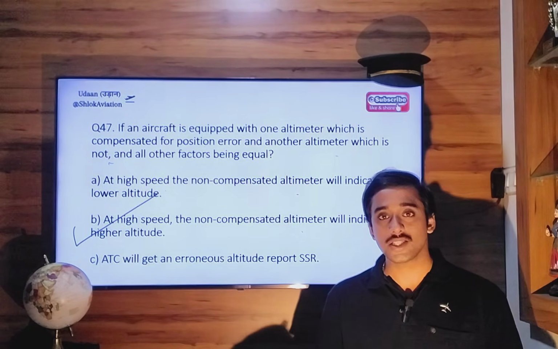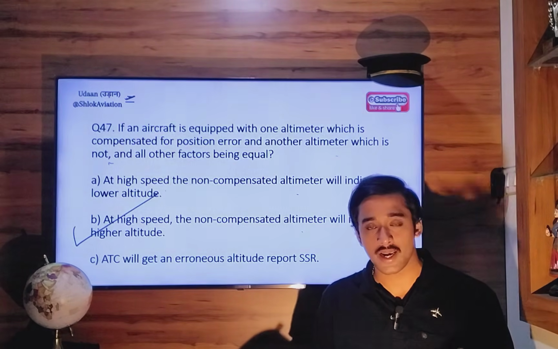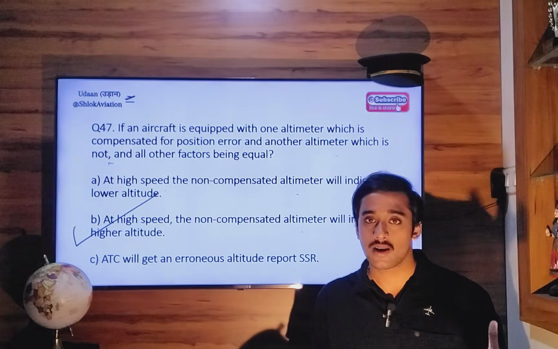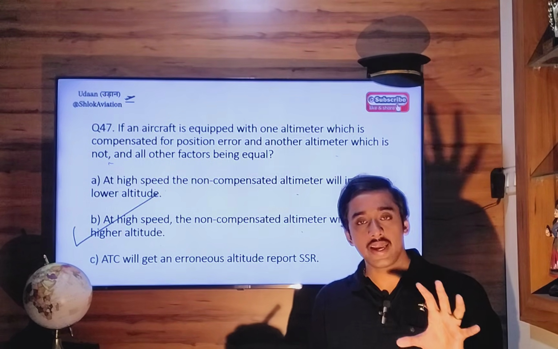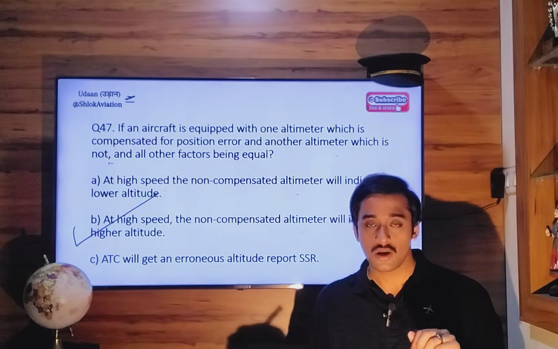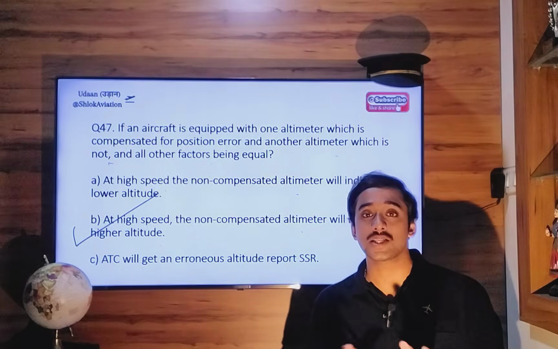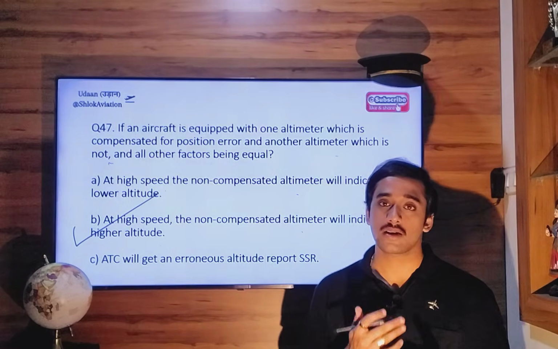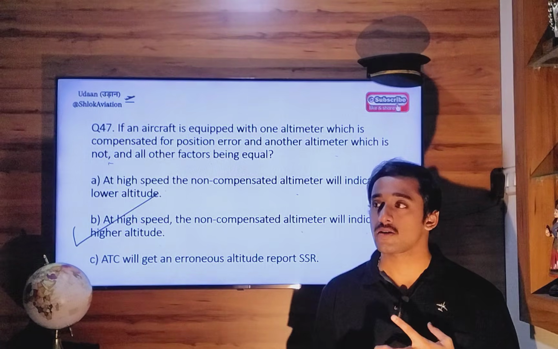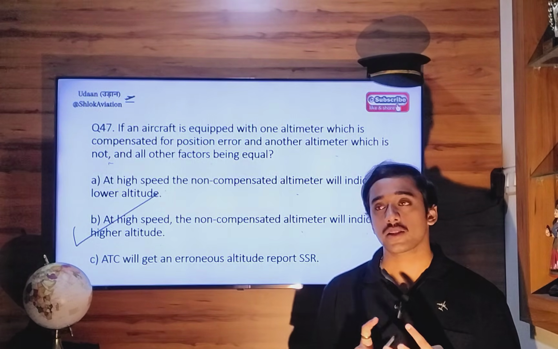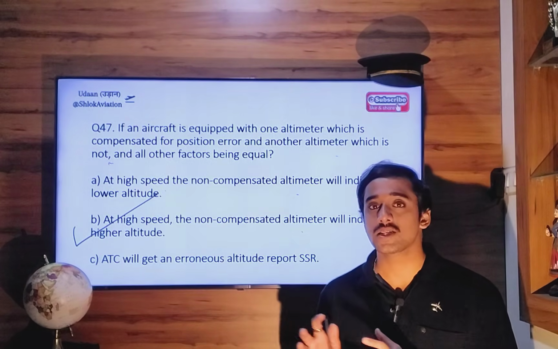An altimeter which has been accounted for any kind of position error like side slipping, or pressure error like turbulence, will indicate accurate altitudes at all times. But any altimeter which does not consider these errors, like turbulence, prop wash, and the third factor, side slipping, will be subject to these errors.